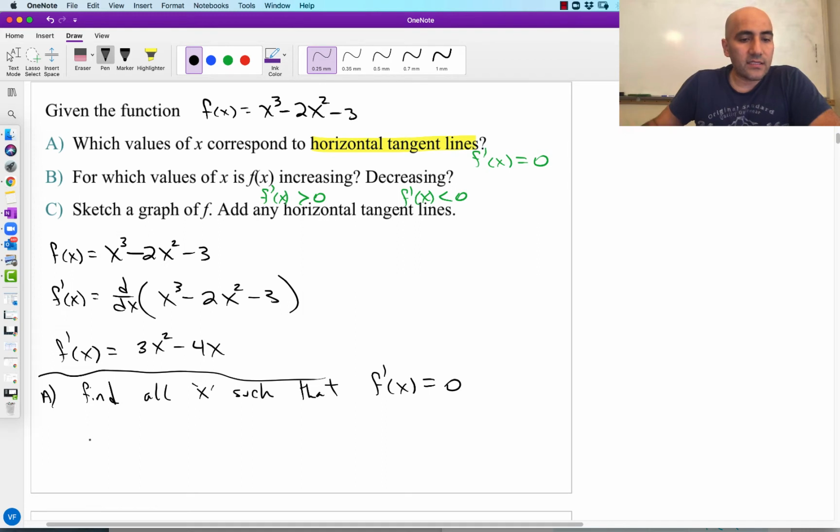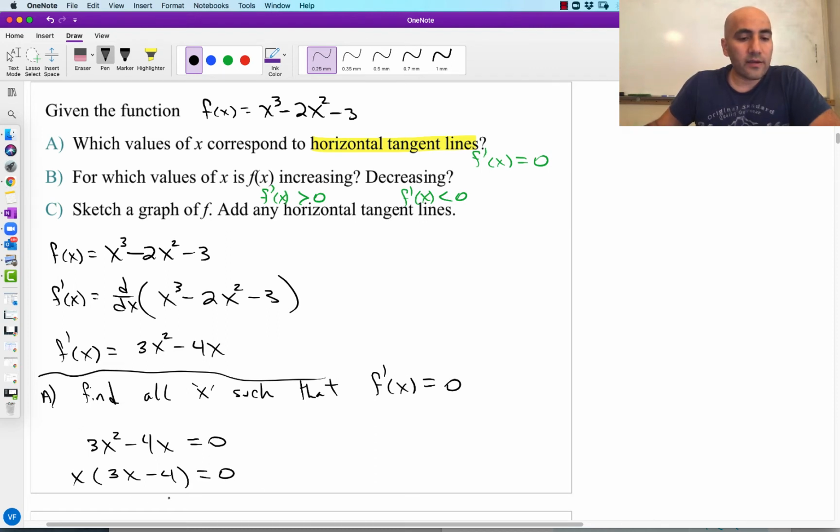So we're going to set 3x squared minus 4x equal to 0 and solve it. This one should be easy. We factor out an x, and we get x times 3x minus 4 equals 0. From the zero product property, we have two terms here: x times 3x minus 4 equals 0.